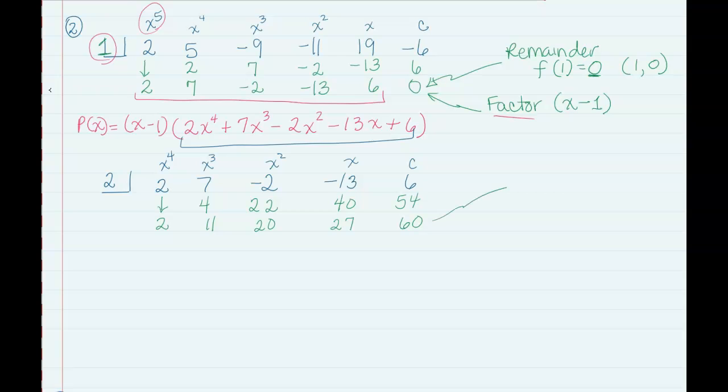So from our remainder theorem, what we have found is that if you plug in 2, the value is 60, or the point 2 comma 60. This is not a factor, because the factor theorem says for it to be a factor, the remainder has to be 0. So we know we don't have a factor. So x minus 2 is not a factor.